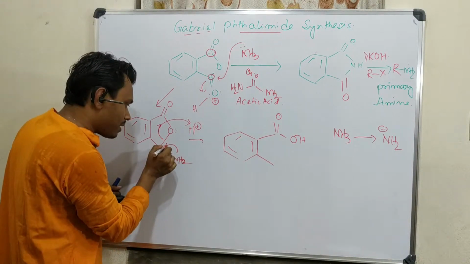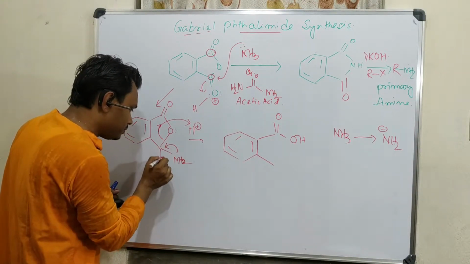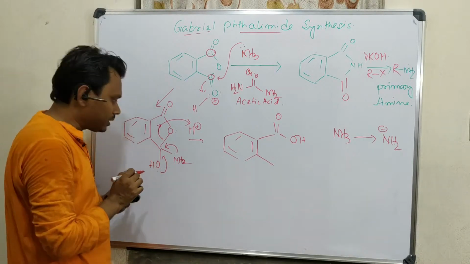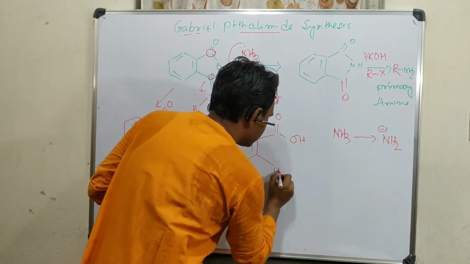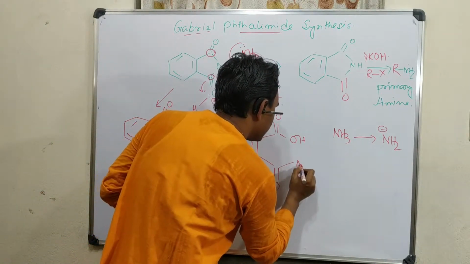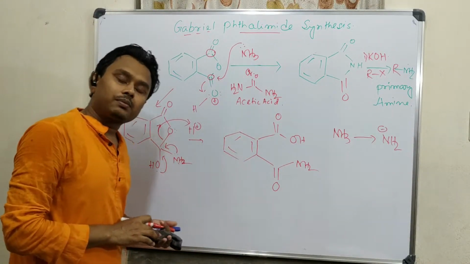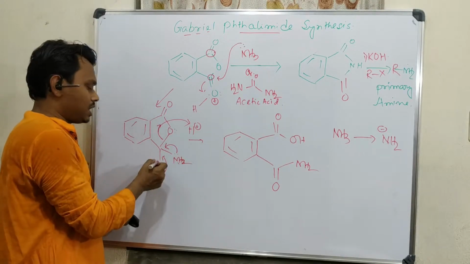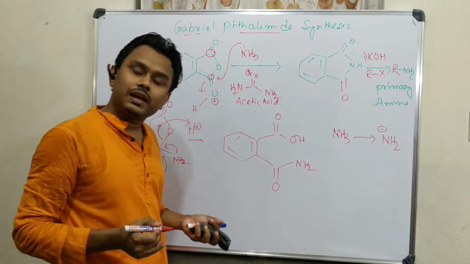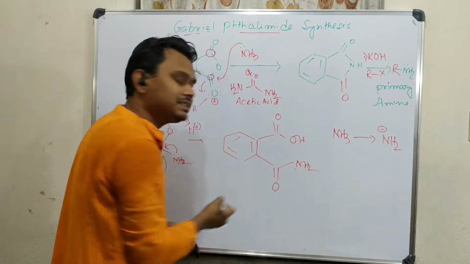So the pushing could be from the ammonia side, or from the carbonyl side, both possible. Okay. So we are writing it in this way because if you see the product, the reaction of carboxylic acid with ammonia produces acid amide.